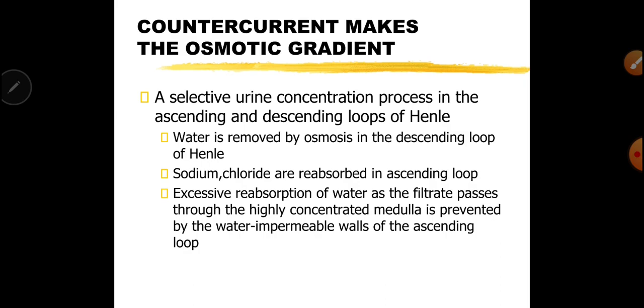The aim of this process is to make the filtrate more concentrated, and the medium around the tubules of the kidney will be able to reabsorb more water from the tubules of the kidney by making the medulla medium highly concentrated, and by preventing the water through the impermeable walls of the ascending loops.